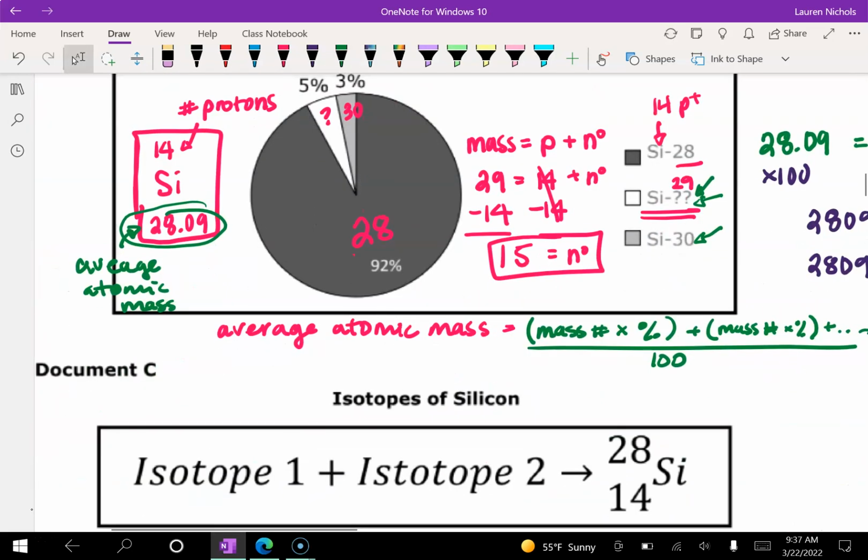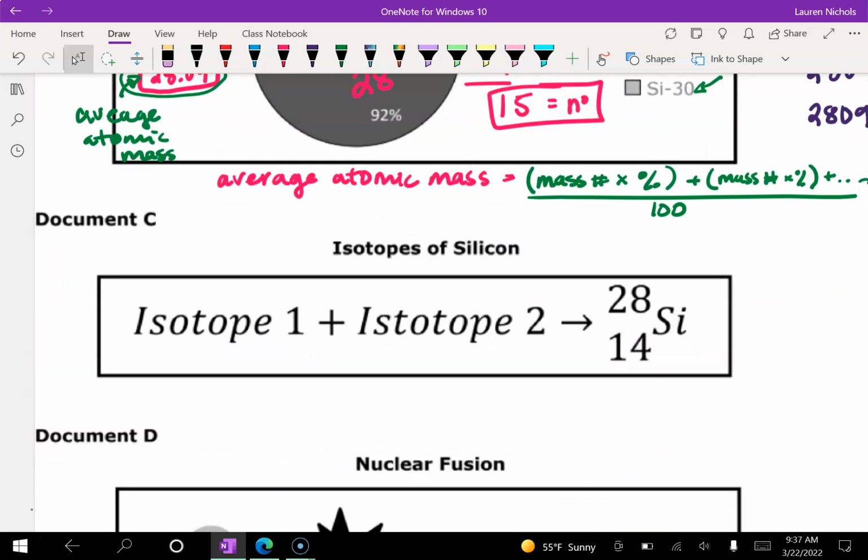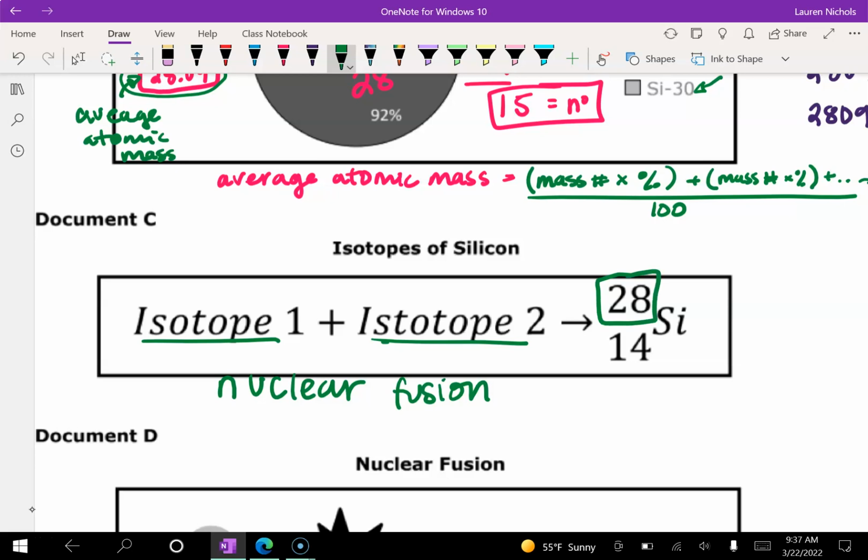So if we look at document C, it shows how you can use two isotopes to create an isotope of silicon. This is an example of nuclear fusion. You would have your isotope 1 and isotope 2. They would combine to have a mass number of 28 and an atomic number of 14.